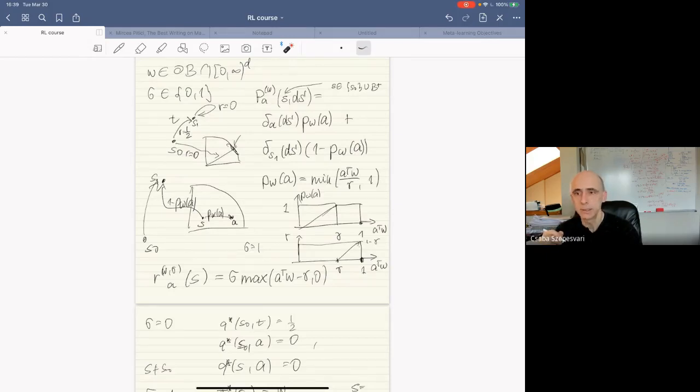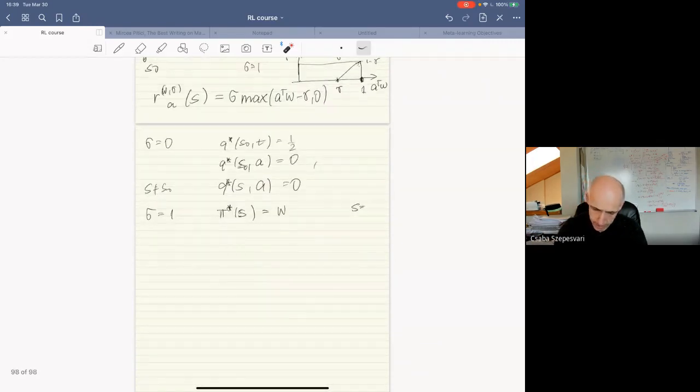So this means that you get a total reward of 1. Of course, if you take the initial state and you take action T, then you still only get 1/2. If you take S1 and you take any action whatsoever, then you still get 0.